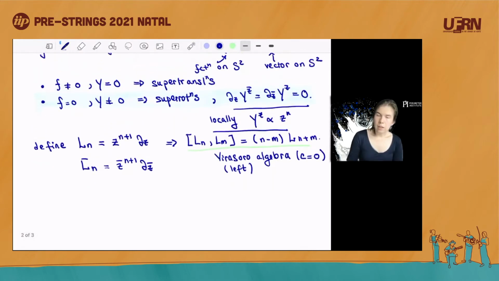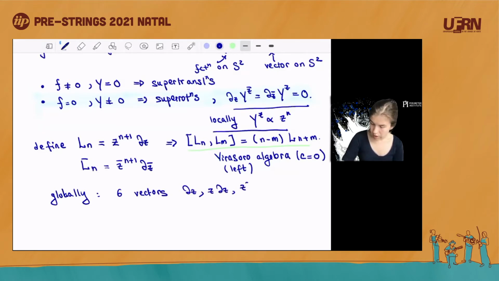Okay, but of course, these are not globally well-defined on the sphere, but there are also global solutions to these equations, which are nothing but the Lorentz transformations. So globally, we have 6 vectors: dz, z dz, and z squared dz, and similarly for the z bars.